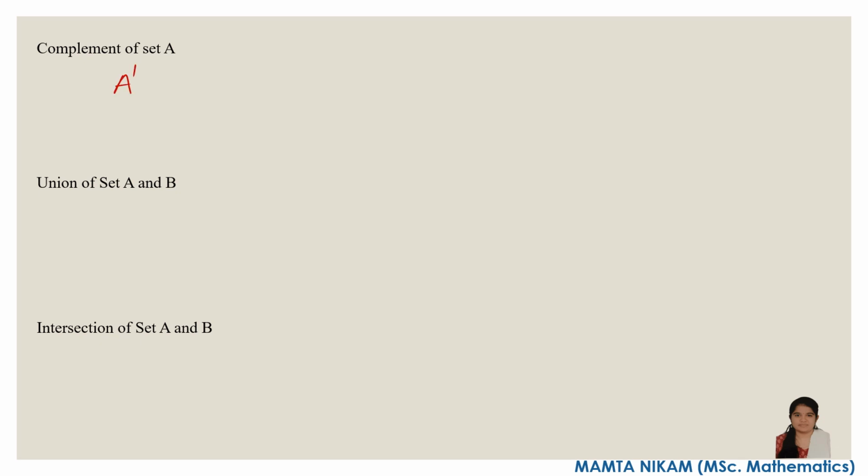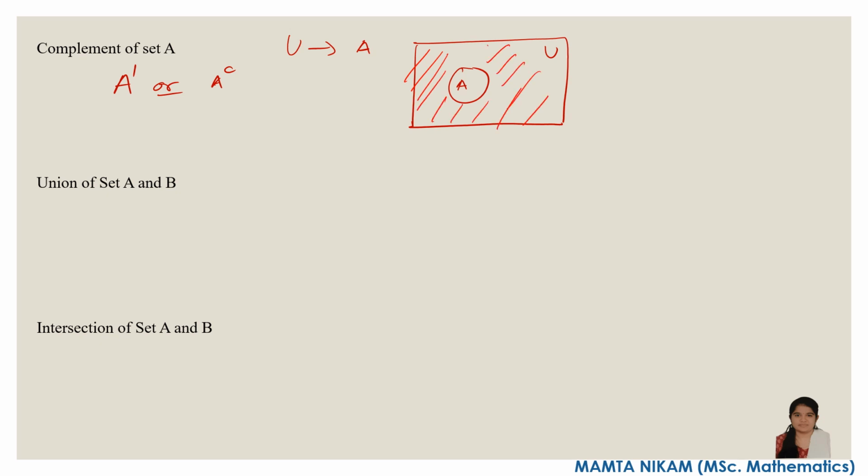We represent the complement as A dash, or A to the power C. Complement means, in a universal set, if there is a set A, the remaining elements other than A are called the complement. So this is a universal set U, we have a set A, and we need to represent the complement. The elements other than this set A, these lines which I have marked, will be the complement of set A.